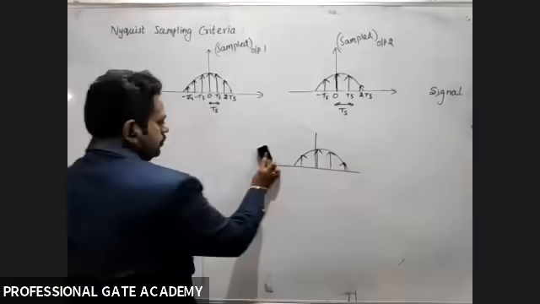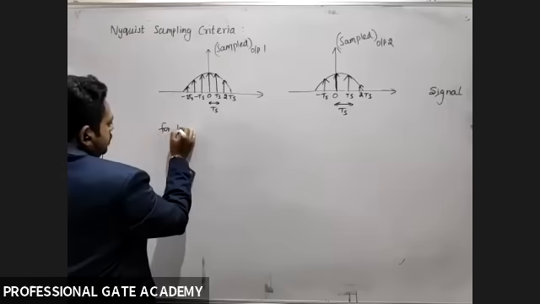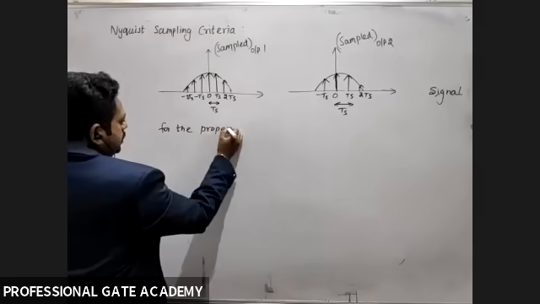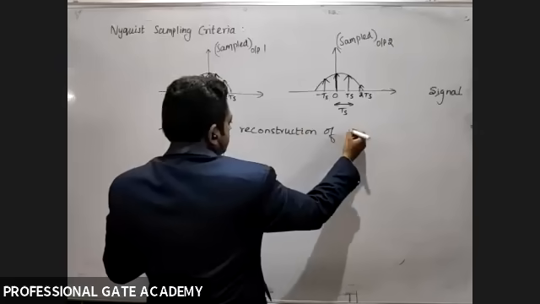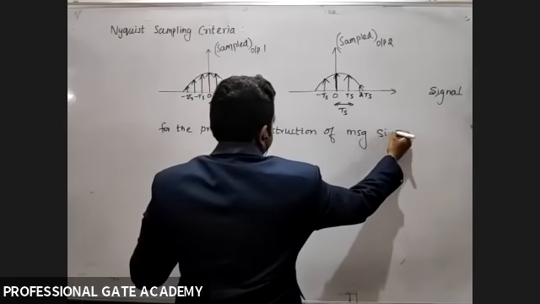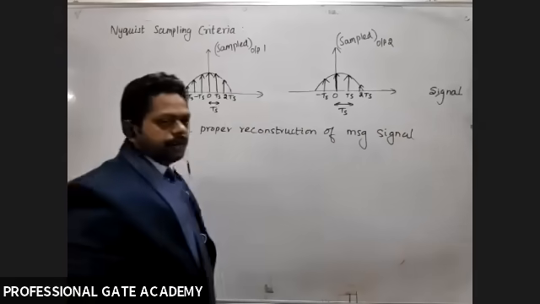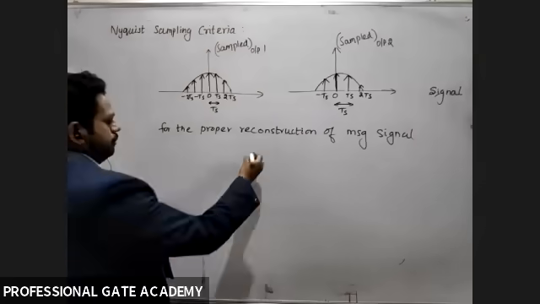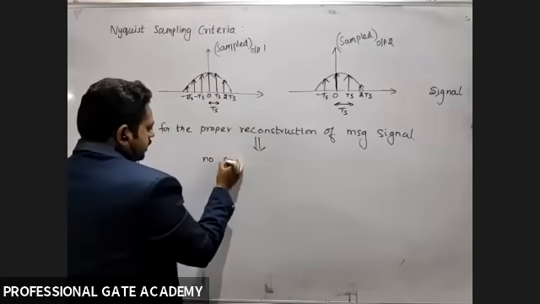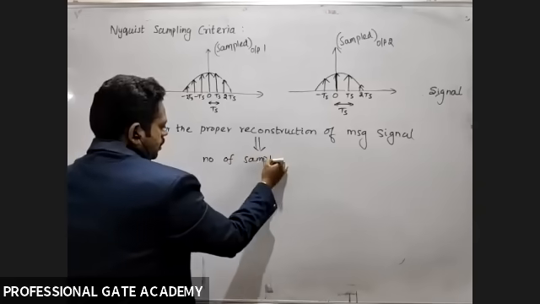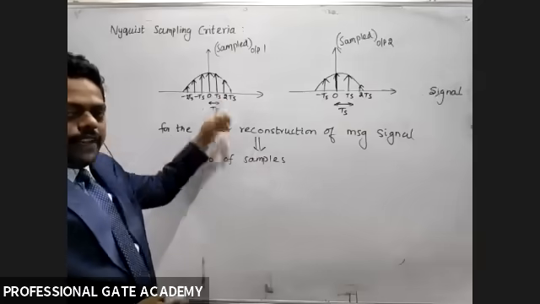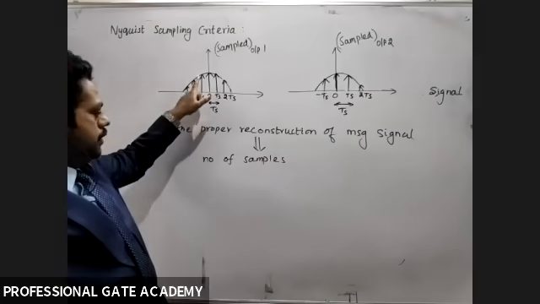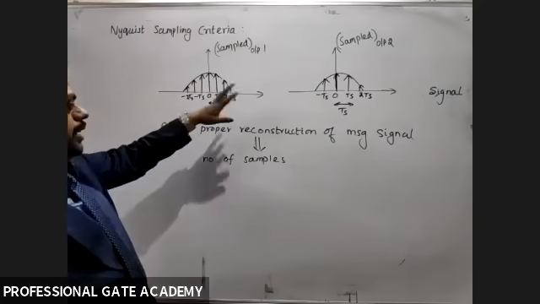So this criteria is very important. For the proper reconstruction of message signal, do we have to select more number of samples or less number of samples?